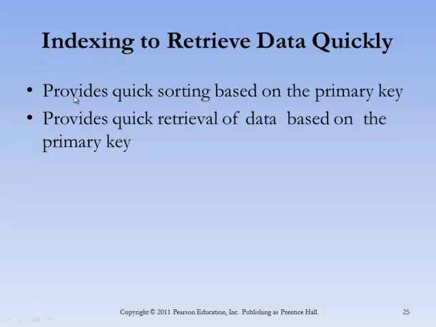You don't want to index all the fields because there is some overhead involved in the database to have an index on a field, but all it does is provide quick sorting. You can sort on more than the primary key. The primary key gets an index automatically, and then you've got to choose whatever fields need an index. What this does is it speeds up the retrieval of data. So that's what indexing does.